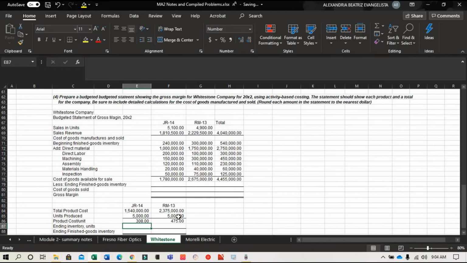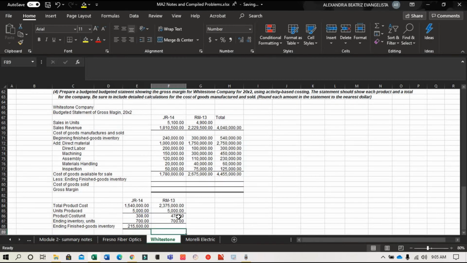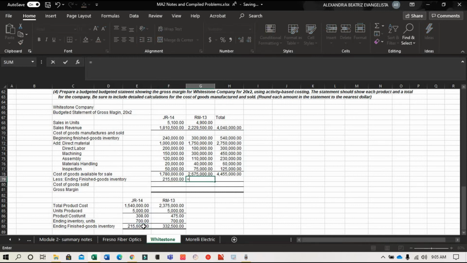So let's just multiply it. 308 multiplied by 700 and 475 multiplied by 700. So the ending finished goods inventory for JR14 is 215,600, and for RM13 that is 332,500, with a total of 548,100.